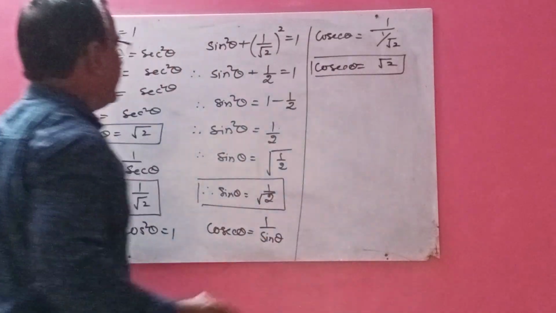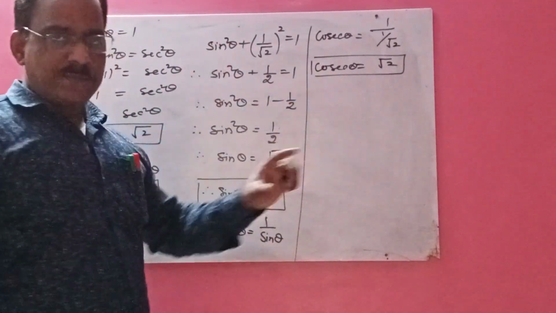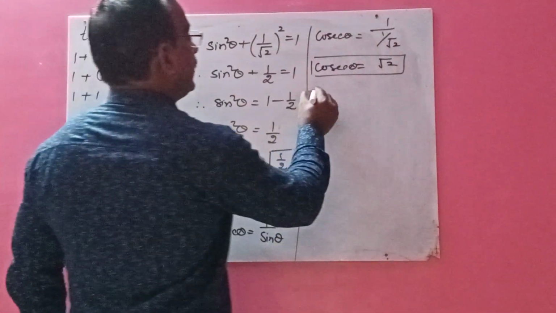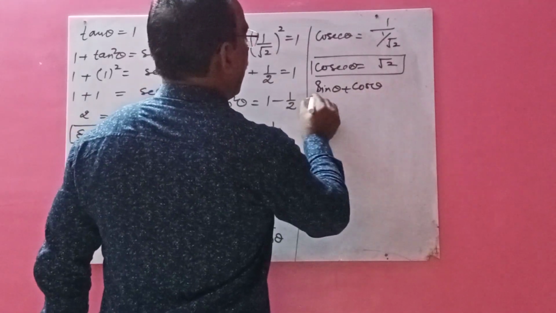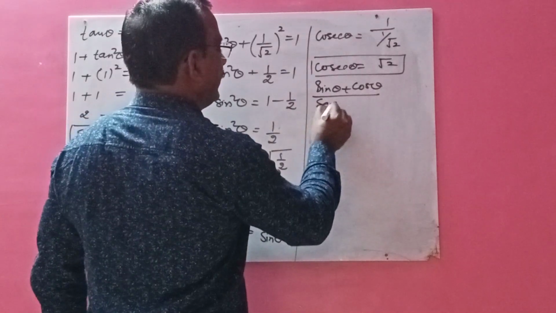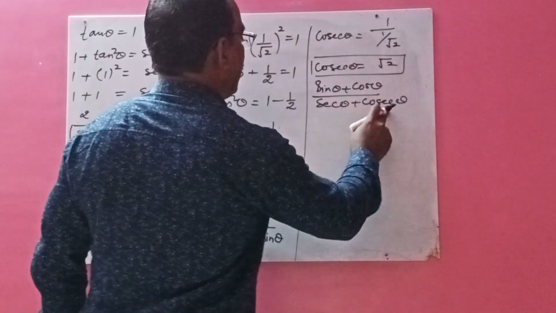Now here you can see that you have all the trigonometric ratios. Substitute all these values in that fraction. What is that? Sine theta plus cos theta upon sec theta plus cosec theta. This you want to calculate, and now you have all the values.